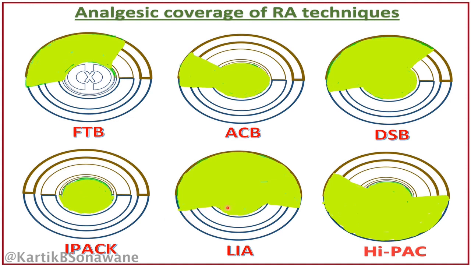Local infiltration analgesia is having wide coverage, but its coverage depends on the surgeon's choice of specific sites of injection. And also the duration of the analgesia is the problem with local infiltration analgesia, which is not more than 12 to 18 hours. High femoral block covers all the innervation below the knee joint, so it involves the sciatic nerve component as well as femoral nerve components.